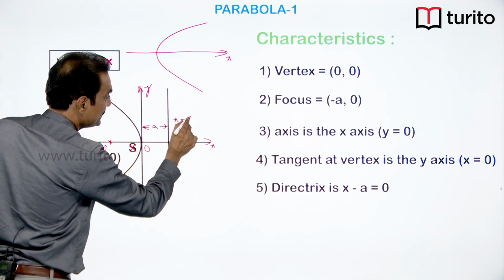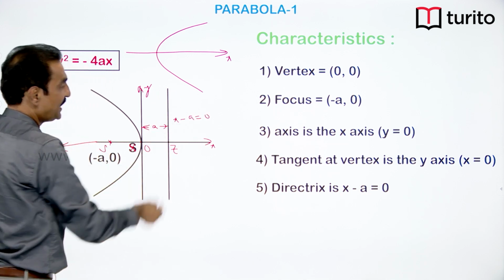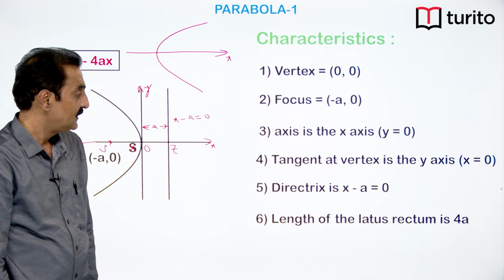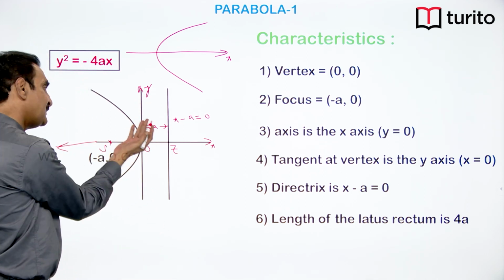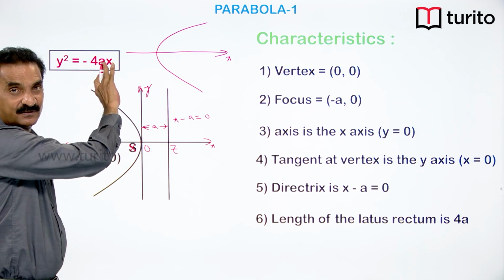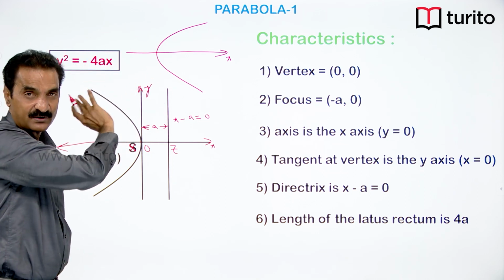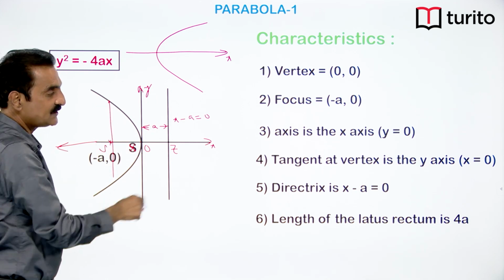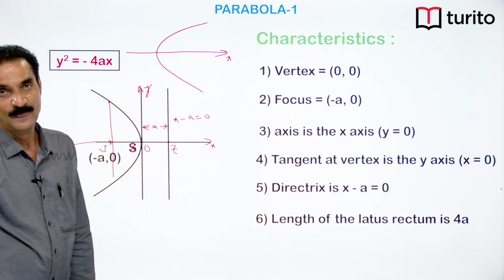What is the equation? x = a or x - a = 0. Length of the latus rectum: we have just turned this towards the left, same size, we have not changed anything. So, obviously the length of the latus rectum will be 4a, it remains the same.